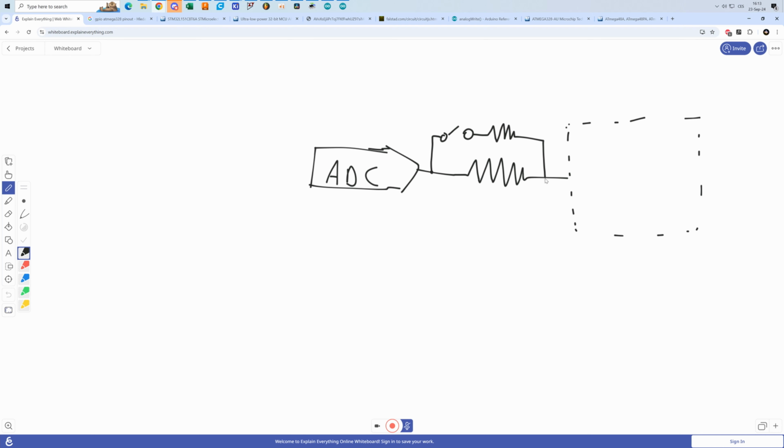For example, if this is like 1 megaohm, this would be, let's say, 1 kilohm. It's going to be several, or at least a couple orders of magnitude lower resistance. So during the sample, this resistance will actually dominate and it will load the circuit.